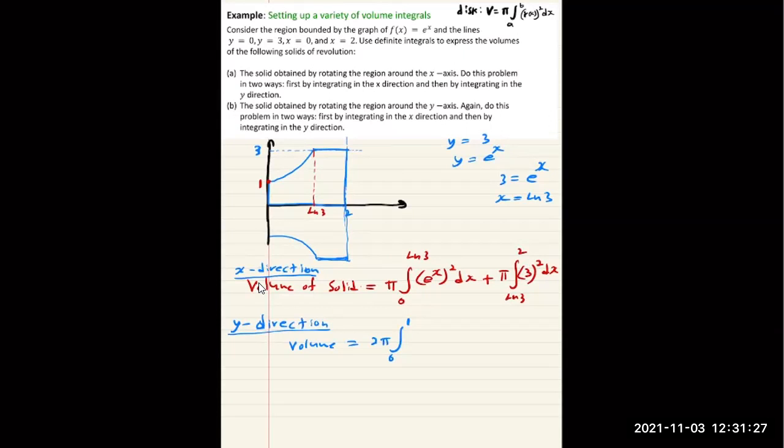What is my ry? The radius, if you take a representative shell in that region, is just y. If I take this length to be y, your radius is y. So ry is y, so you need to have y here.